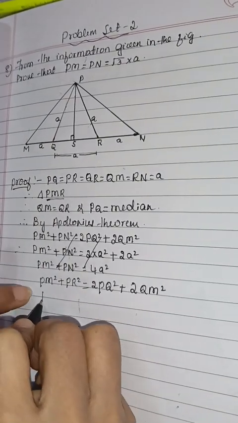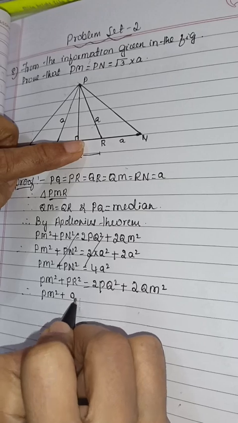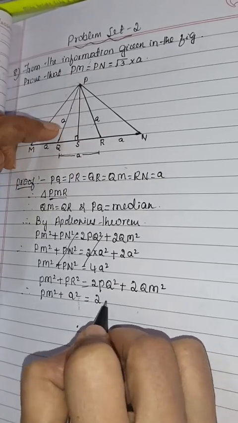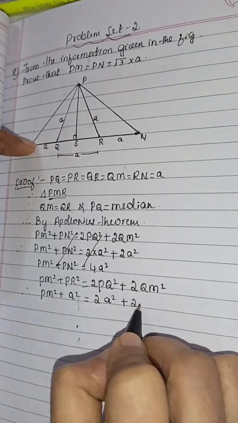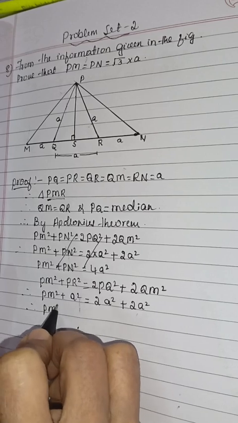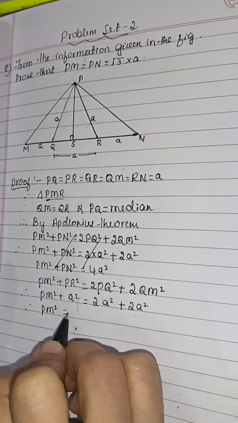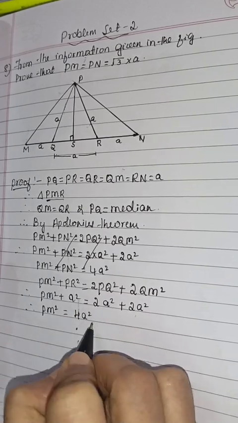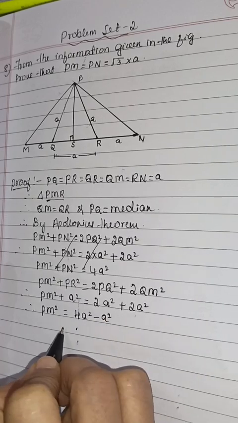Therefore, PM square plus PR, which is also a square, equals 2 PQ square, a square, plus 2 QM square, 2a square. Therefore, PM square equals 2a square plus 2a square is 4a square. a square, bring it to this side, plus becomes minus.